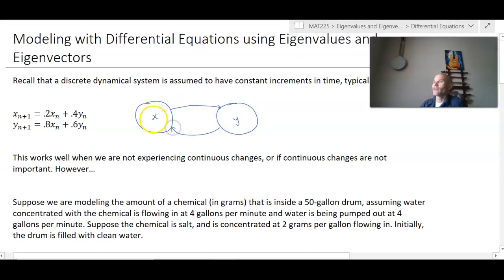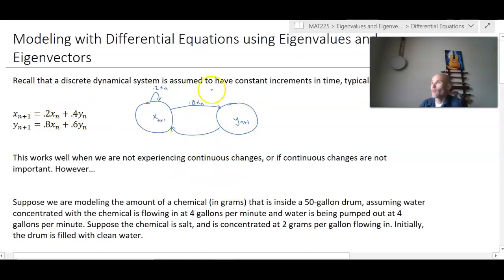And what's happening here is that after each increment of time, 20% of the people who were in state X at the current time are going to remain in that state, whereas this suggests that 80% of them, this is x sub n plus 1, y sub n plus 1, 80% of the people in state X at time n move to state Y at time n plus 1.